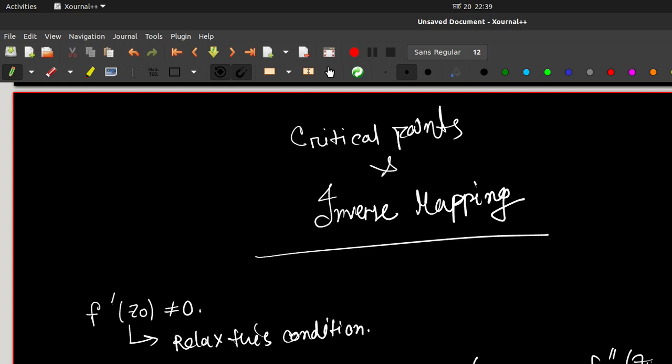In fact, the second derivative can also be 0, and so on, up to the n minus 1th derivative. All of these are equal to 0, and the first non-zero derivative appears at the nth derivative, f to the n of z naught, which is non-zero. So this is the condition that we are working with today.